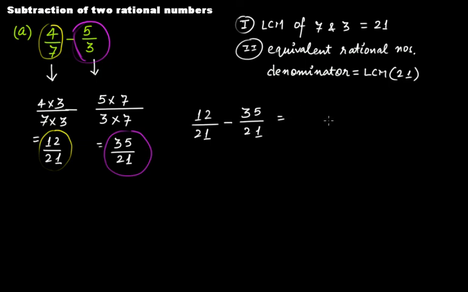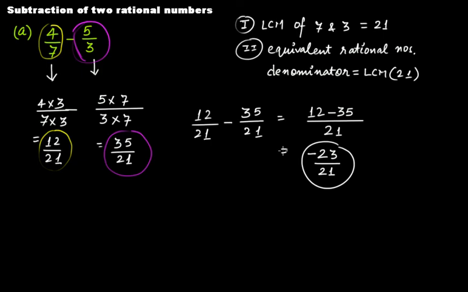If you solve this, the denominator is same, so write 21, and now simply subtract the numerators. So 12 minus 35, you get minus 23 over 21.